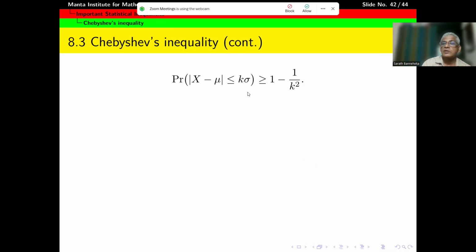Right. So that's a very useful result to get a general idea about how the possible values of a random variable are distributed, regardless of the name of the distribution.